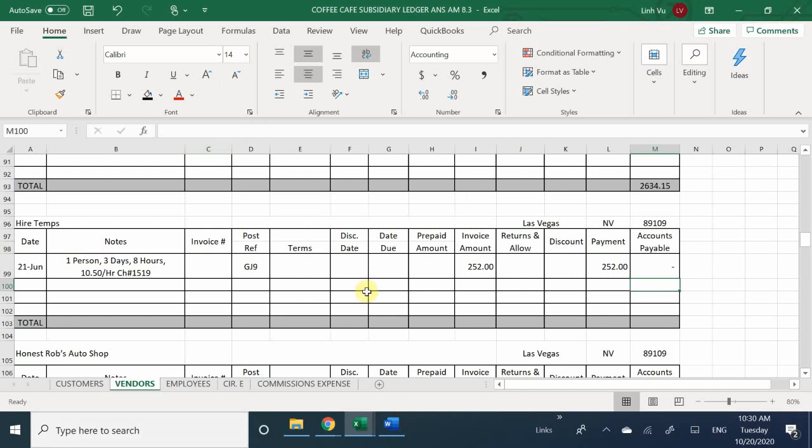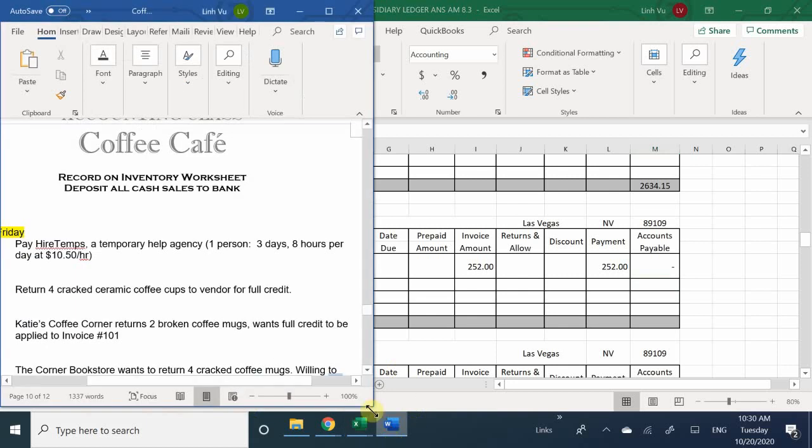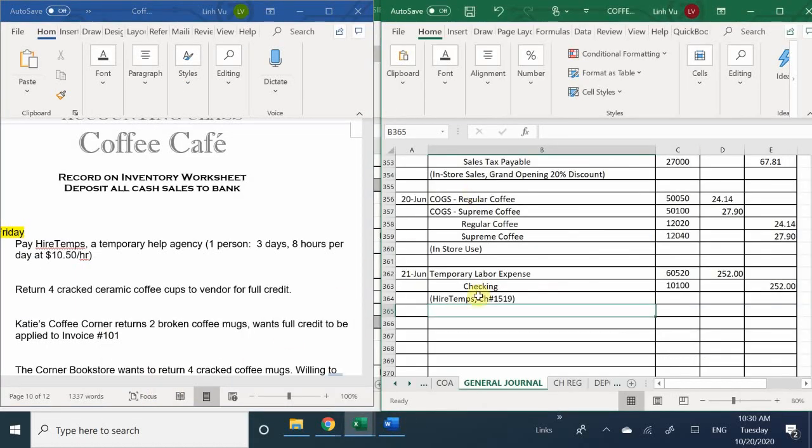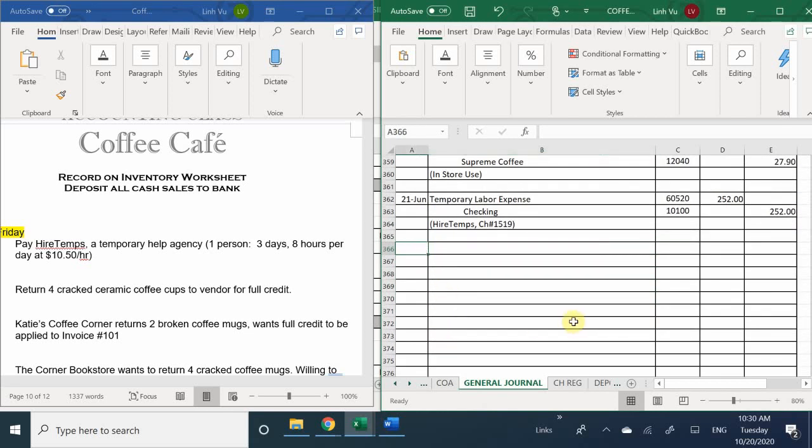So here we go. We've already updated my subsidiary ledger here. So what is next? Return of 4 cracked ceramic coffee cups to vendor for full credit. So we have some broken stuff. When did we receive the items?